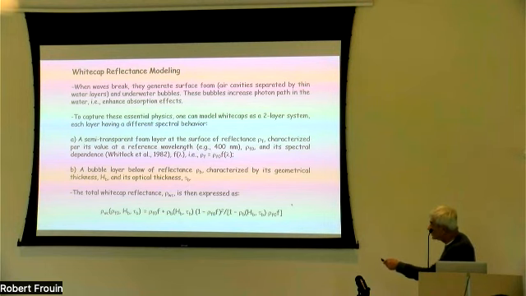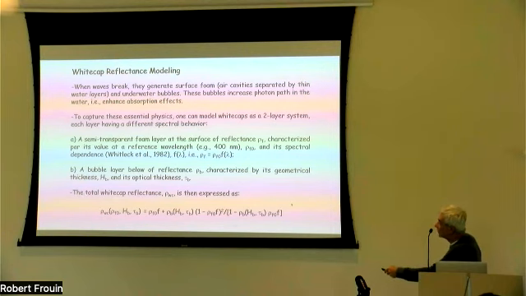If you remember these plots before, the amplitude is quite variable, so this is something that you need to determine, and a spectral dependence that you can eventually take from this measurement. And then a bubble layer below the surface, which is characterized by its geometrical thickness, HB, and its optical thickness.